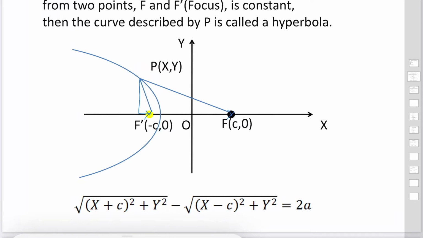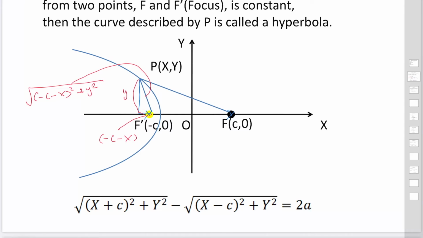draw this triangle, this distance is y. This is going to be minus c minus x. So this length is expressed as the square root of (minus c minus x) squared plus y squared.